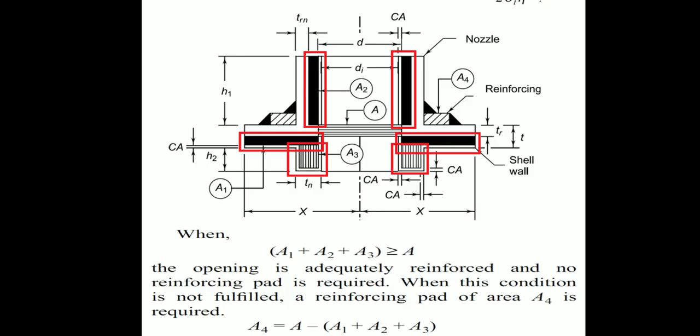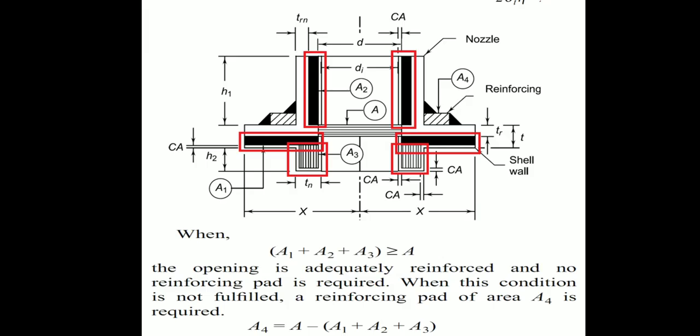If the area added is greater than or equal to the area that is removed, there is no reinforcing pad required. But if the area removed is greater than the area added, that is, if the condition is area removed A greater than A1 plus A2 plus A3, then in such a case a reinforcing pad is required.